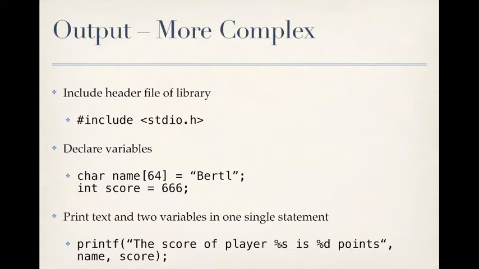The first one is replaced by the first variable, which is the string name, and the second one is replaced by the second variable, score. So then it's easy to see that we would print out the score of player Bertel is 666 points.